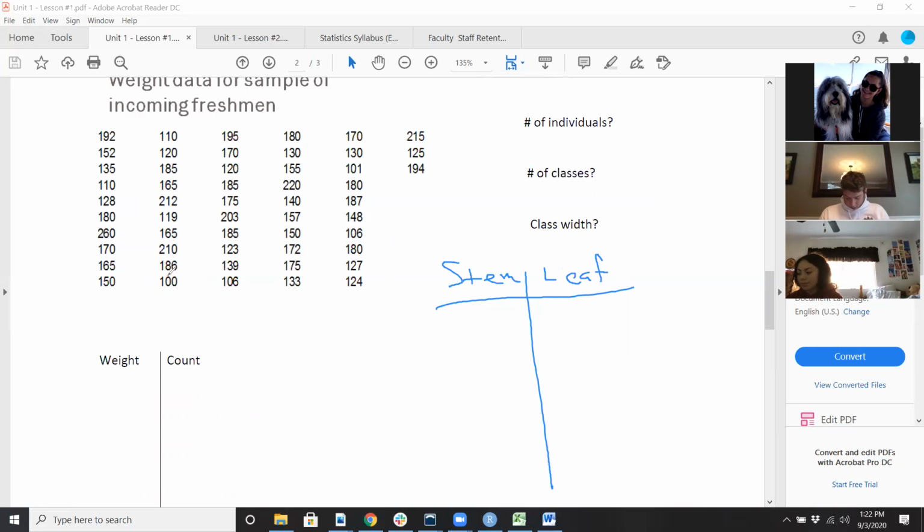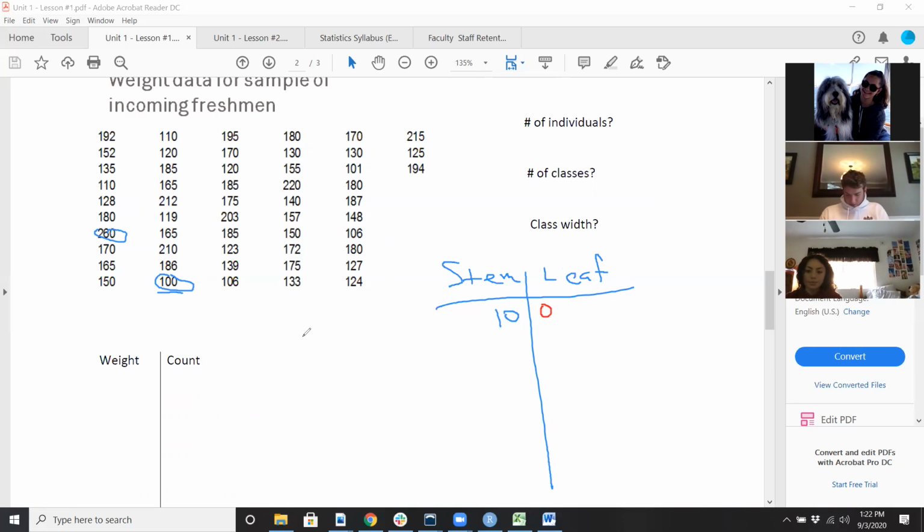Our lowest data point was 100. Our highest data point was 260. For the number 100, there are 3 digits there, right? I'm going to put a 1 and a 0 and then another 0. So that's how I would write that.